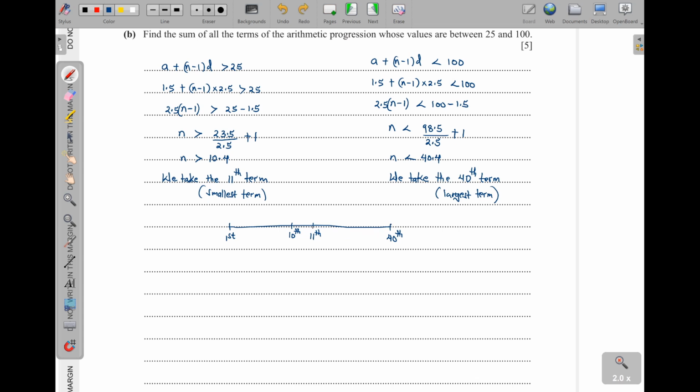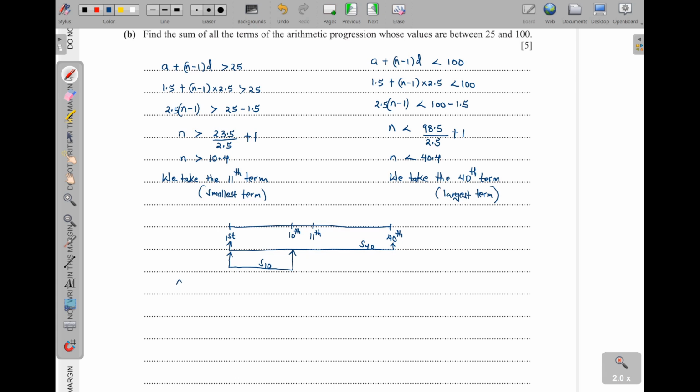Now, what we are going to do is to get the sum of the first 40 terms, then we subtract the sum of the first 10 terms. Because remember, the 11th term is needed here, it is inclusive. So we subtract the sum of the terms that are below 11, so we shall subtract the sum of the first 10 terms.